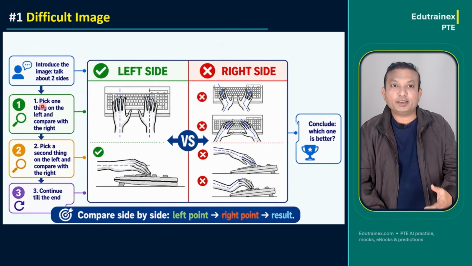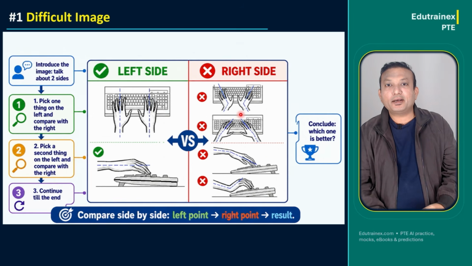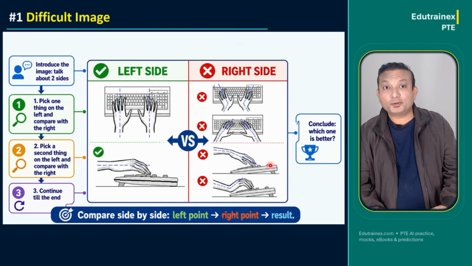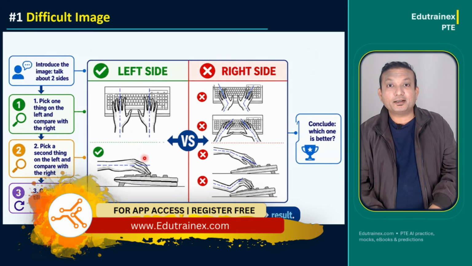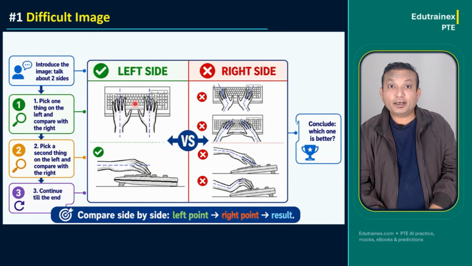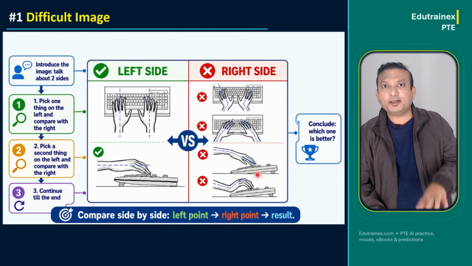Now what you need to do is pick one thing on the left side and compare it to the right. Pick another thing from the left side, compare it to the right. So continue this pattern till you reach the end. If you are short of what you need to compare, you can compare the same image, because on the left side you only see 2, on the right side you see 4.